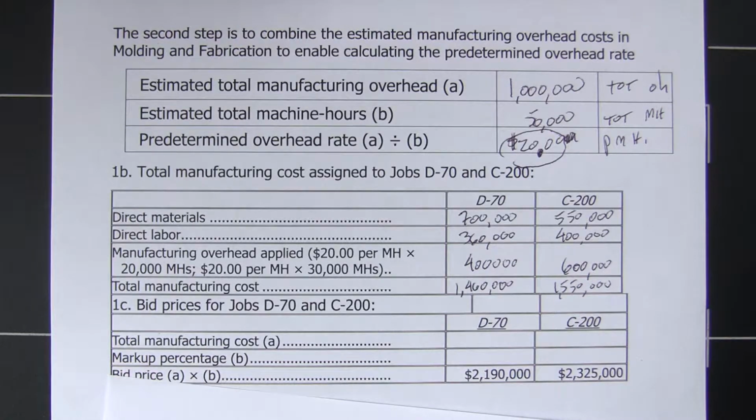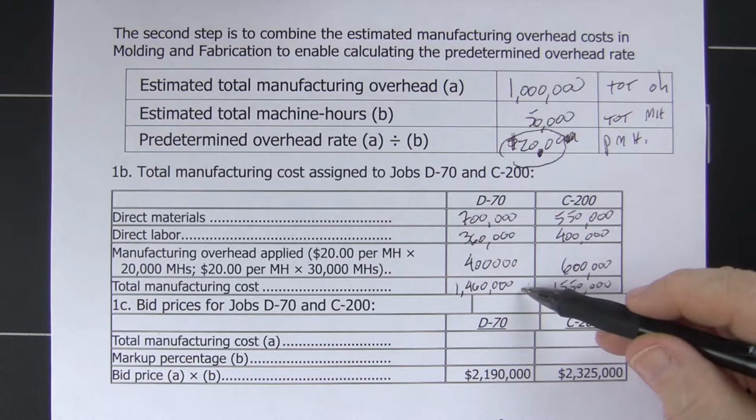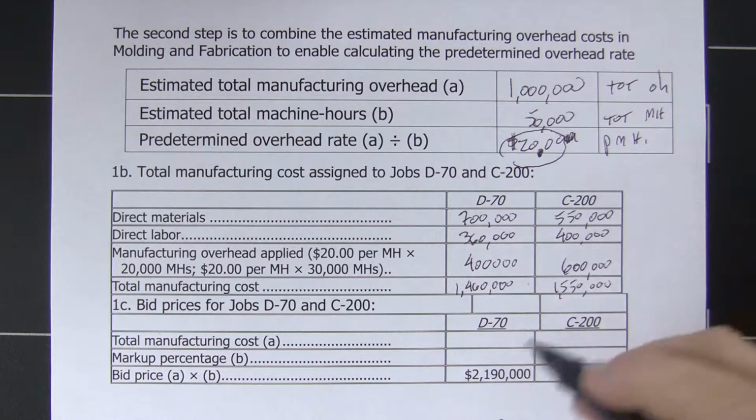The next thing they ask us is the bid prices. How much should we bid? Well, they tell us that they mark these up 150%, or 50% on top of the cost. So you could take 50% of that and add it to that number, or you could simply multiply by 1.5.